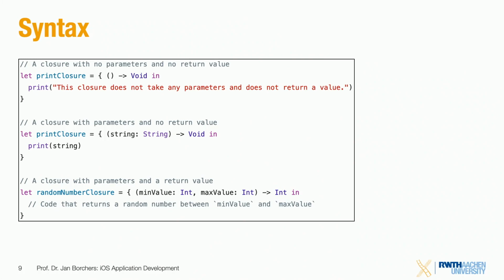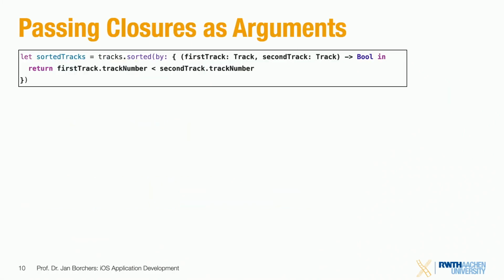Now, as I said, we often pass closures as arguments, right? So let's take a look at an example of this. Collections use closures as arguments a lot. So let's say we're writing a music player app, okay? You want to sort the tracks that this music player is displaying.